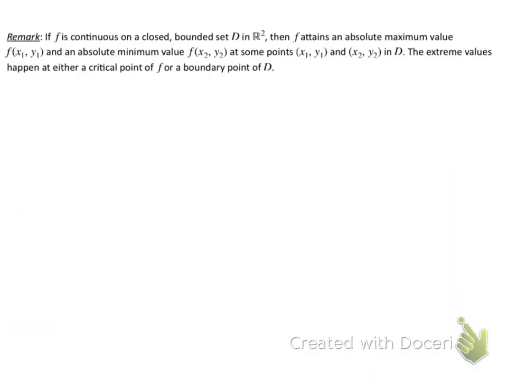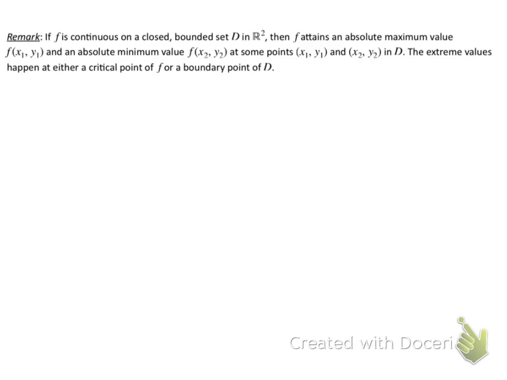Finally, I have a remark. If f is continuous on a closed bounded set, what it means is it has a boundary and the boundary is included in your set, in your domain, D. Then f attains an absolute maximum value and an absolute minimum value at some point.